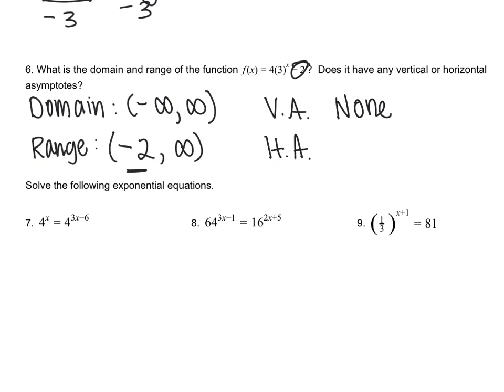So because our range contains the value negative 2, my horizontal asymptote is at y equals negative 2. It's extremely important you do write the horizontal asymptote as an equation because it is 1. So you must have that y equals. So domain and vertical asymptote, always the same, they go together. Range and horizontal asymptote, those change based on the function, and they also are related to each other.